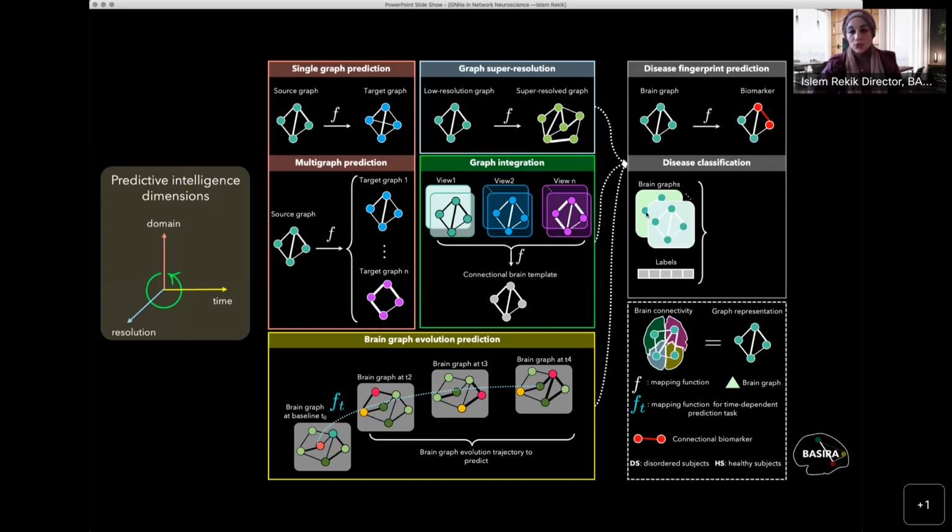Also, do some disease classification here, learning how to disentangle or distinguish between disordered subjects and healthy subjects. So this is the goal, to do a cross-modality, affordable data generation that enables you to boost diagnosis and to understand how the disease affects the brain, for example, in a more holistic way.